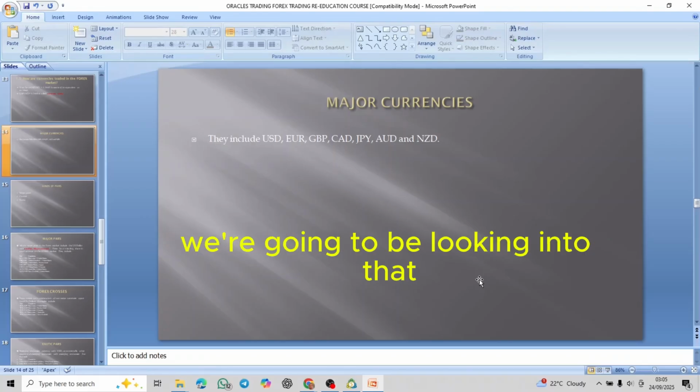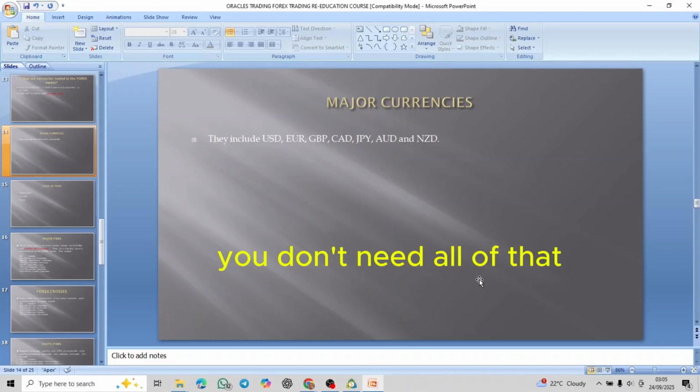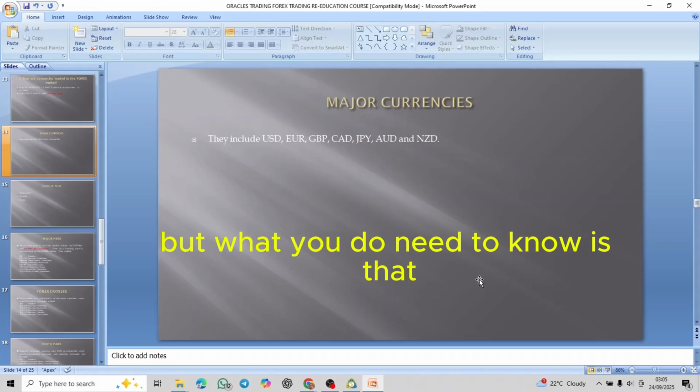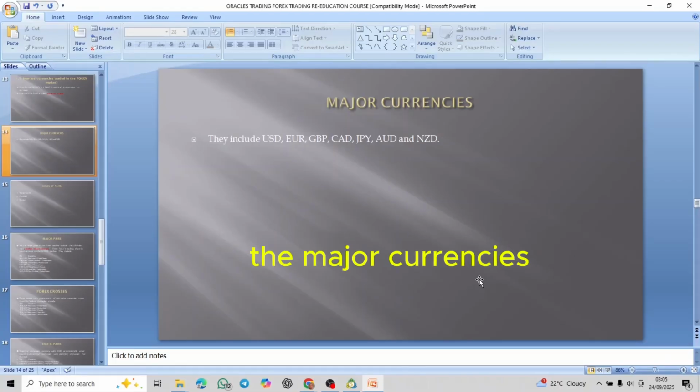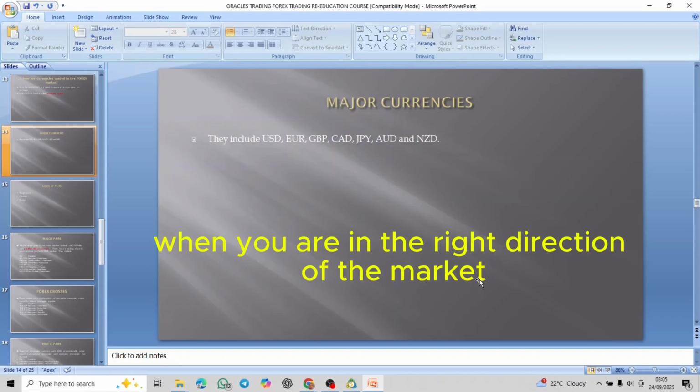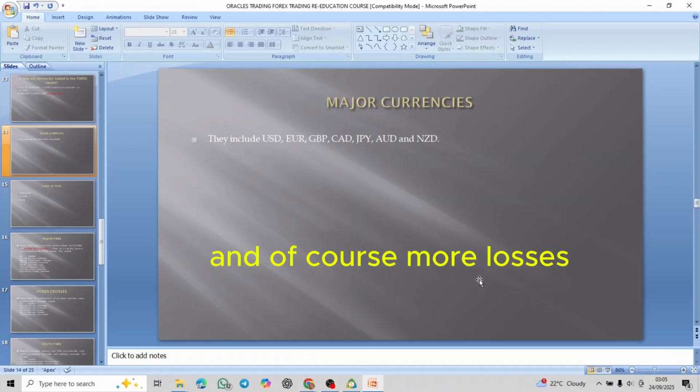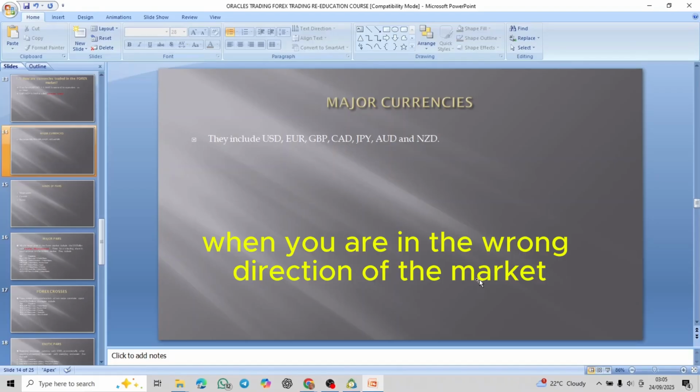We're going to be looking into that. You don't need all of that. But what you do need to know is that the major currencies give us more profit when you are in the right direction of the market. And of course, more losses when you are in the wrong direction of the market.